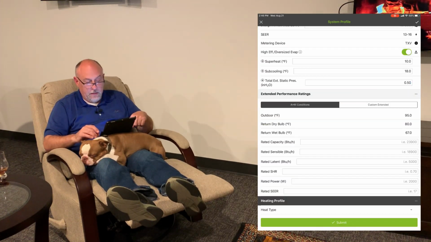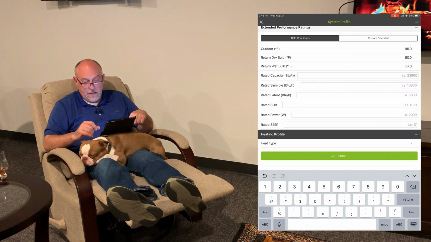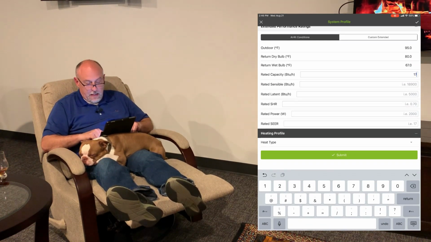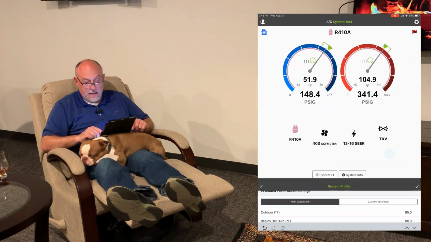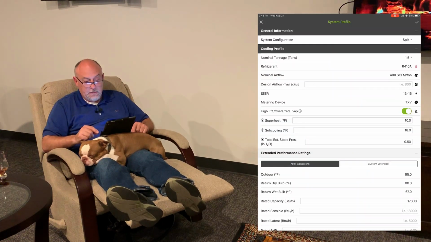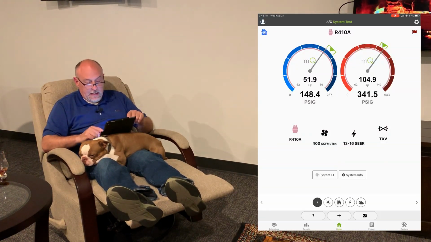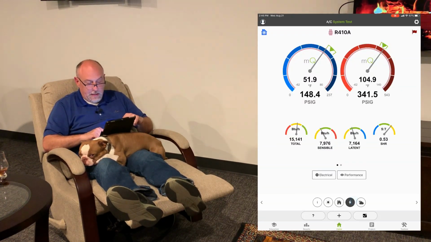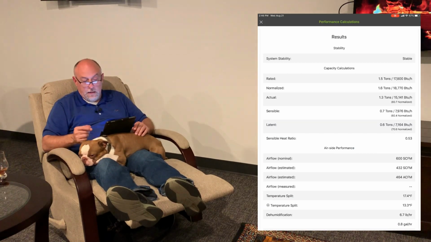This is where you'd put in your rated capacity. So if we said that's 17,800, which I believe is probably pretty close, and hit submit, we go back to the performance information, and now, instead of 1.5 tons nominal and 18,000 BTUs, it's 17,800. So now we're doing those corrections.